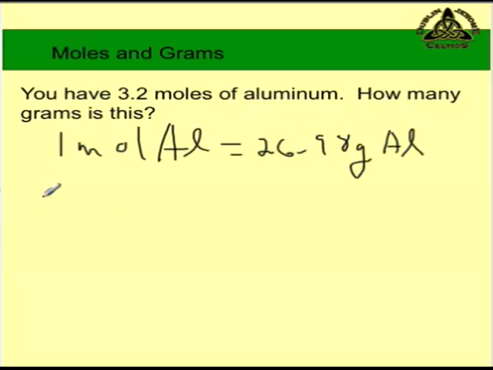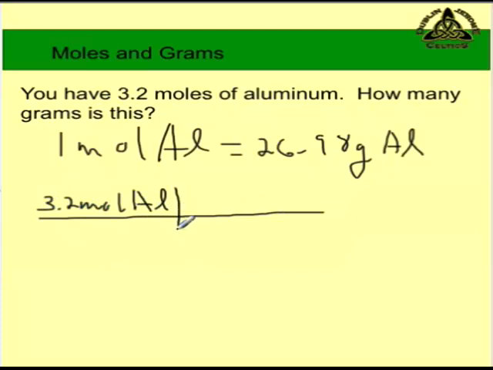So let's start with the term that has the numerical value in our question, 3.2 moles of aluminum. Dimensional analysis will make the solution of this problem very straightforward. We're going to use this equivalence statement, and remember, dimensional analysis has us canceling units, so since we have moles of aluminum here, we want moles of aluminum here.